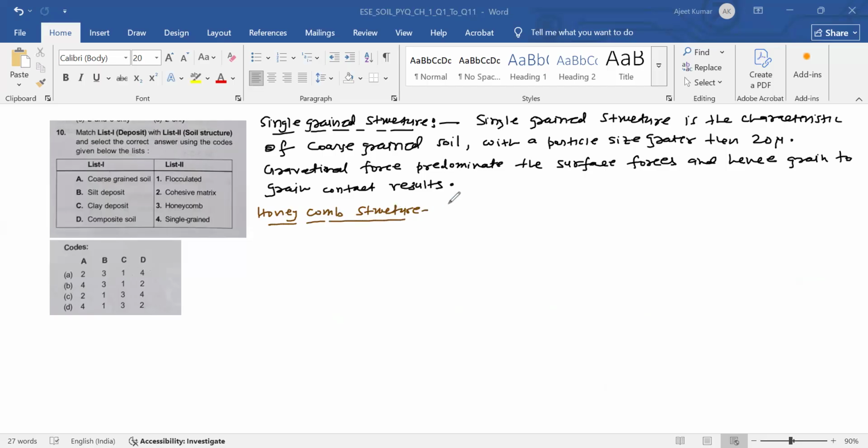This is for grains of silt, smaller than 0.02, that is 20 micron, and larger than 0.002, that is 2 micron.